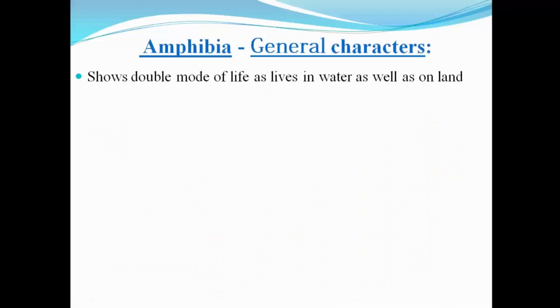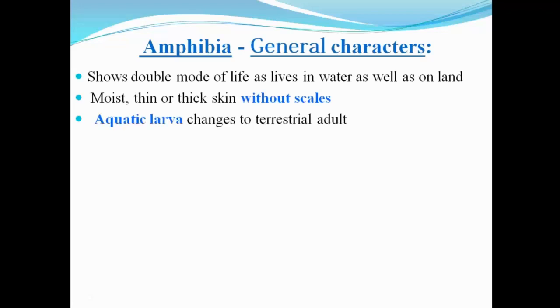The term amphibious means they bear a double mode of life, as they can live in water as well as on land. The amphibians carry moist, thin skin which is without scales. Their aquatic larval forms change to a terrestrial adult, which means in their life cycle they carry two habitats, the aquatic one as well as the terrestrial one.